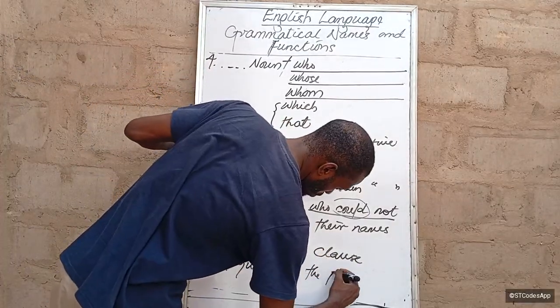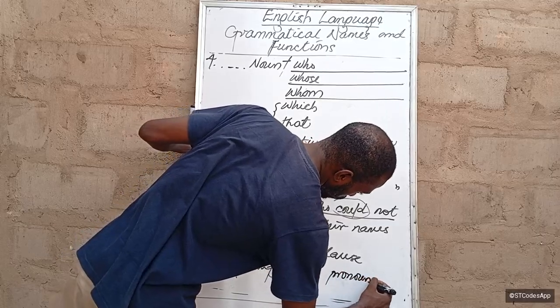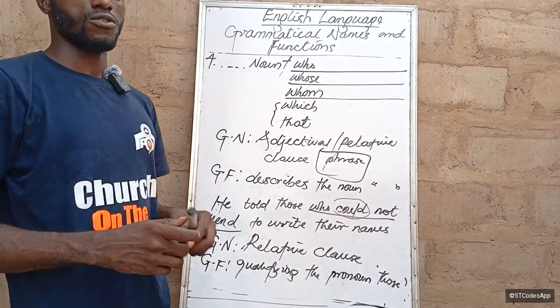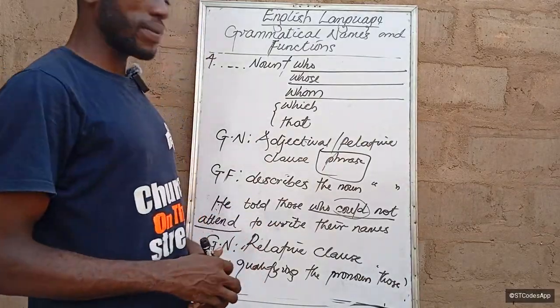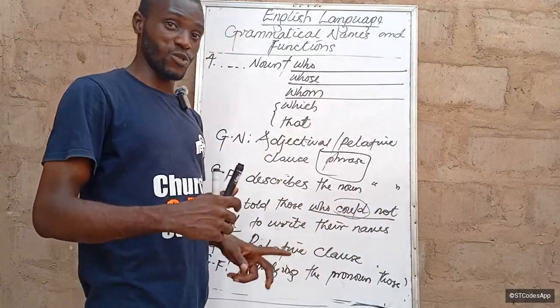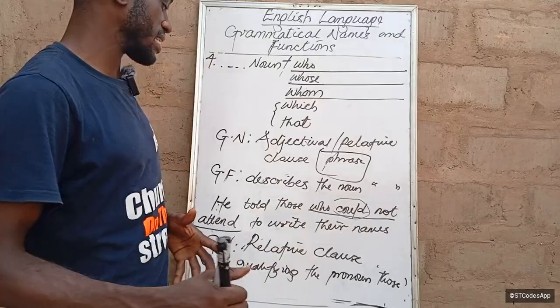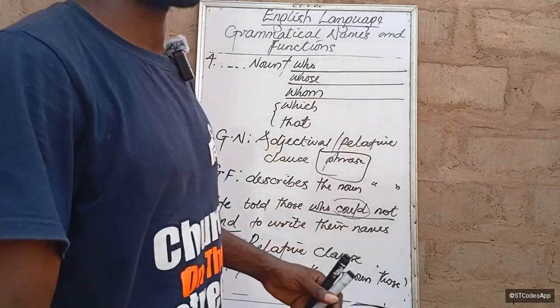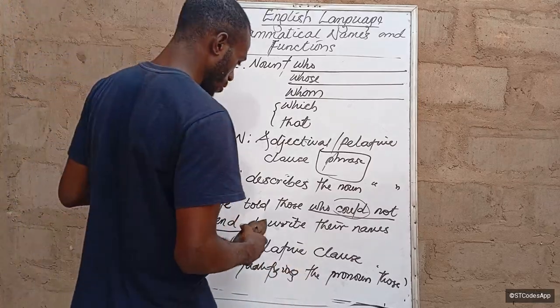So qualifying the pronoun those. Okay, those. Alright. So the full statement would be, you told those people who, so it would be people if it were a noun. Do you understand what I'm saying? So the point is that it qualifies a noun or a pronoun. That's what I'm saying. Now let's go on.